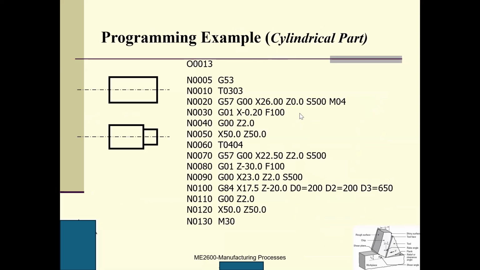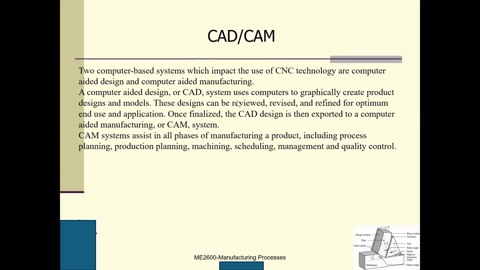So here is a program. I want to generate my first step. O0013. What does O mean? O means the program number. Then N005, G53. What is G53?